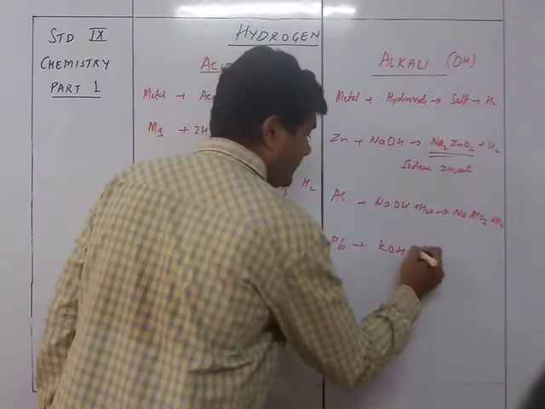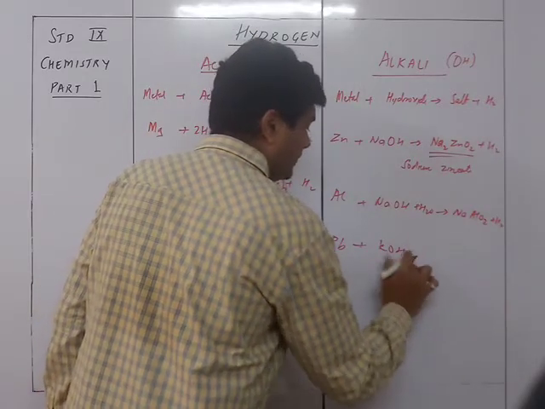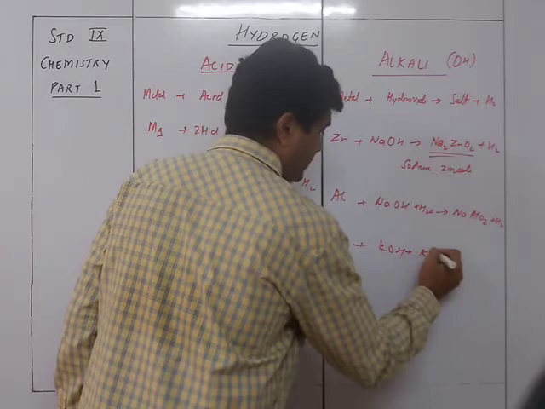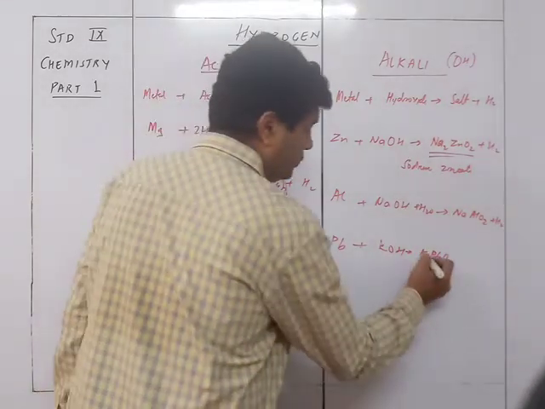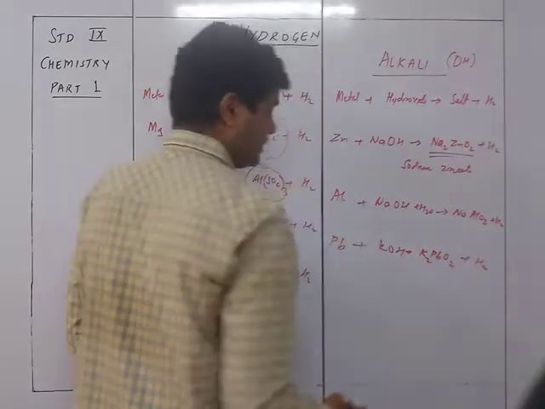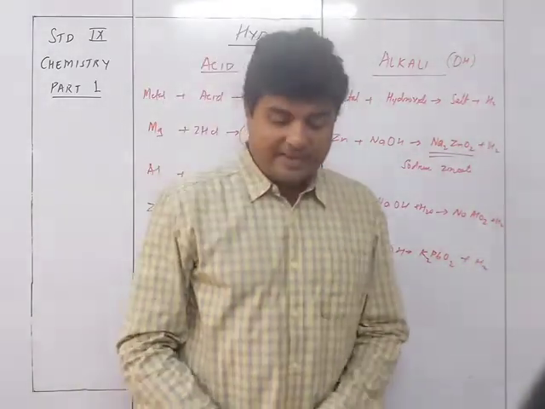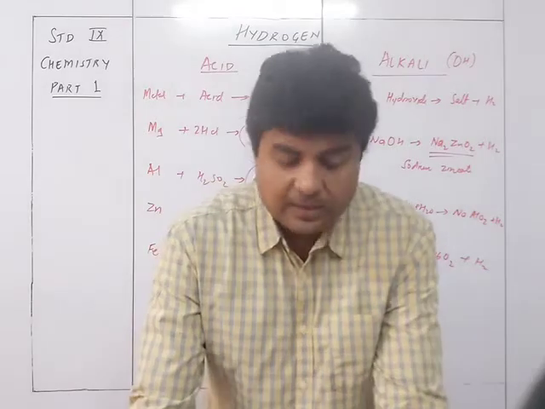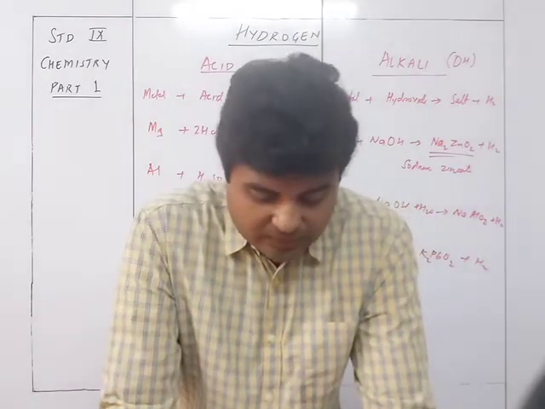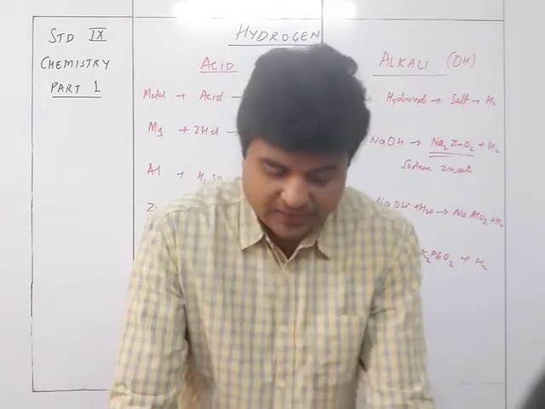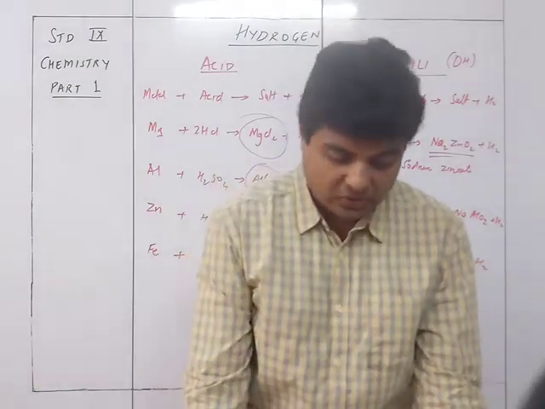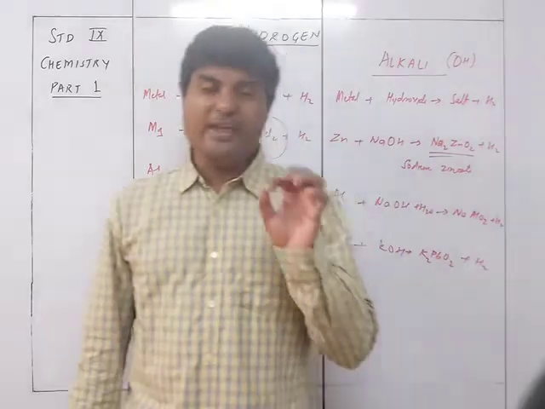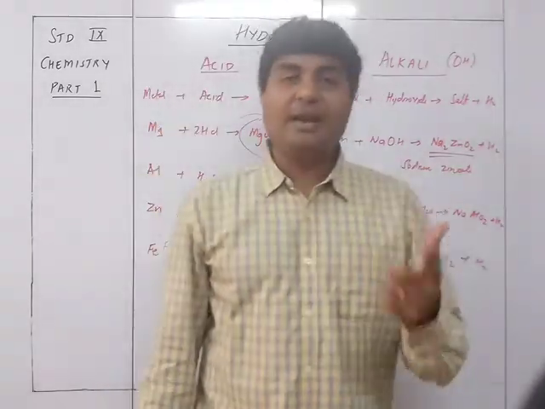And lead gives K2PbO2 plus H2. Right, so these are the examples. Zinc, lead and aluminium react with hot concentrated alkali, that is NaOH or KOH, forming hydrogen and the respective salts. So this is the unique nature of zinc, lead and aluminium.